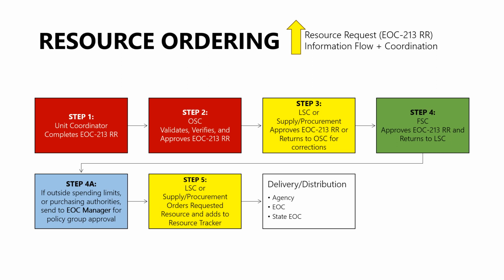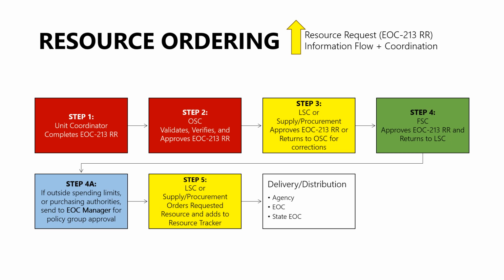So now the logistics section has that 213RR from the operations section. We need to figure out a source for that resource. We're going to determine the availability from various sources, including our mutual aid channels, possibly from the county or intrastate, and volunteer organizations as well.